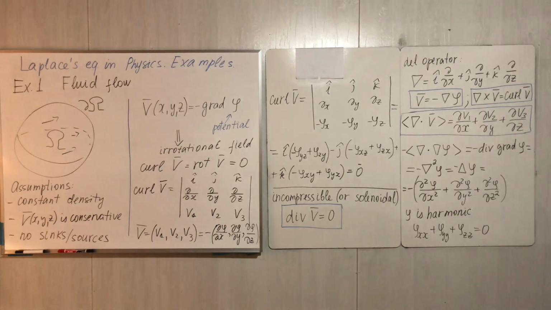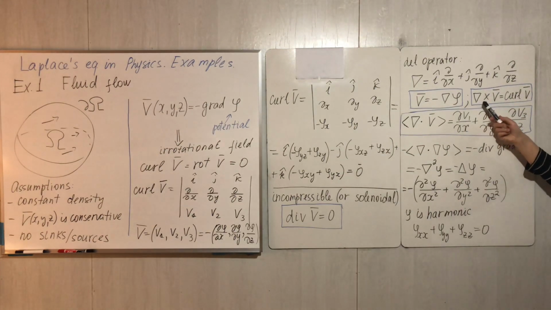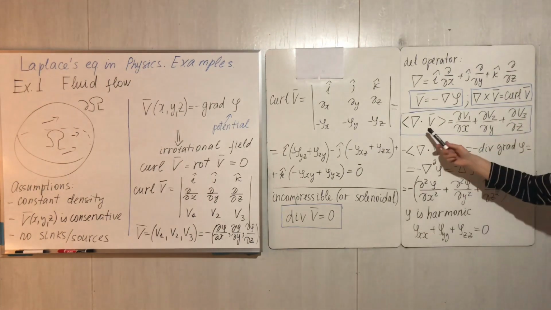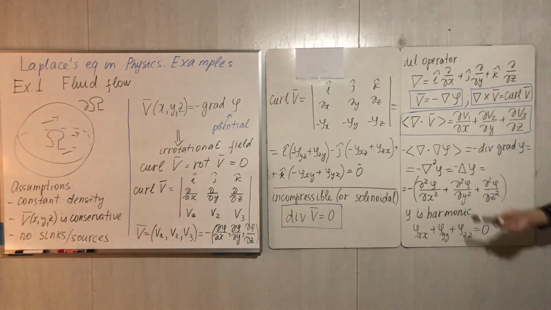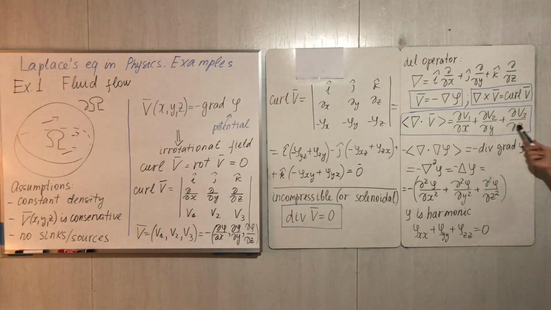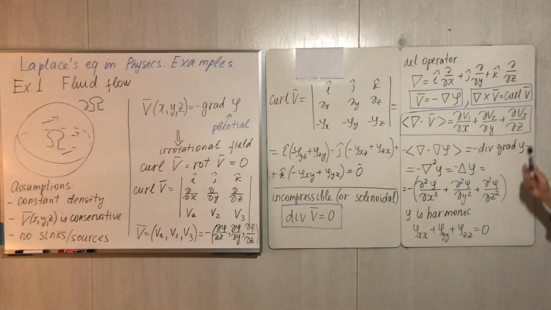Then curl was a cross product of our del operator and vector V, which we had here. And finally, divergence is a scalar product of our del operator and vector V, and as a scalar product it will result in this sum, so it will be a scalar, right? Our curl was a vector, that's why we put here 0 vector.